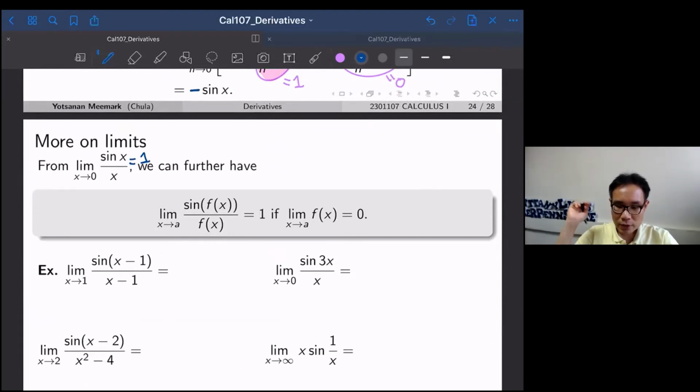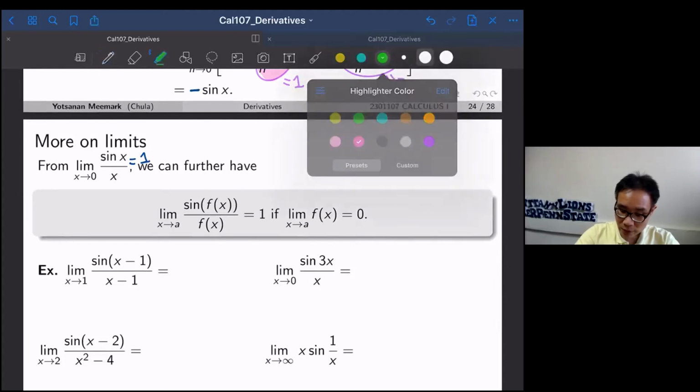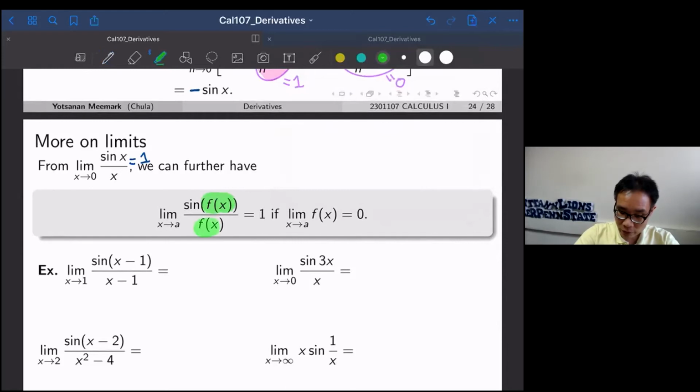We can further have, when you have sine of f(x) over f(x), so if you have sine of something over that same thing, it's going to turn out to be equal to 1, if the limit of that term is equal to 0.